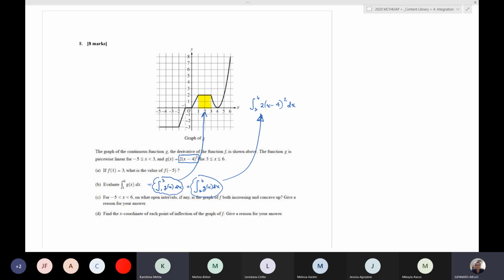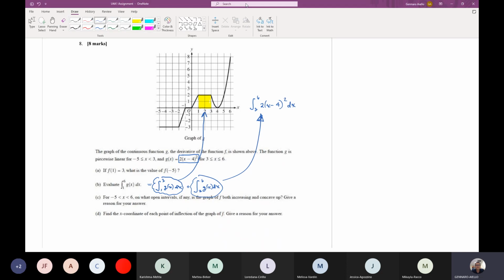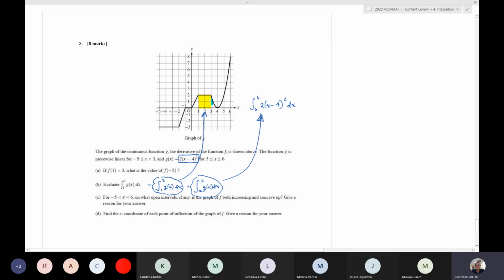Yeah. So when you go and find that integral, it's going to represent this blue shaded region, which we can't find using geometry because those lines are curved. So you have to actually find the antiderivative. Okay, thank you. You're welcome.